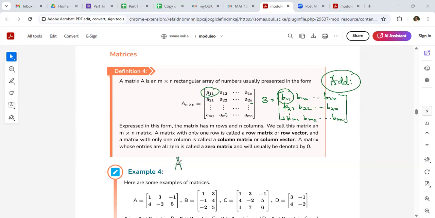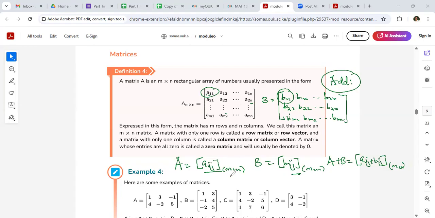In general, if you have your matrix Aij of order m by n and the matrix Bij of order m by n, then the resulting matrix A plus B should be of order m by n, just adding corresponding elements. But note, since you're adding corresponding elements, the matrices must be of the same order.